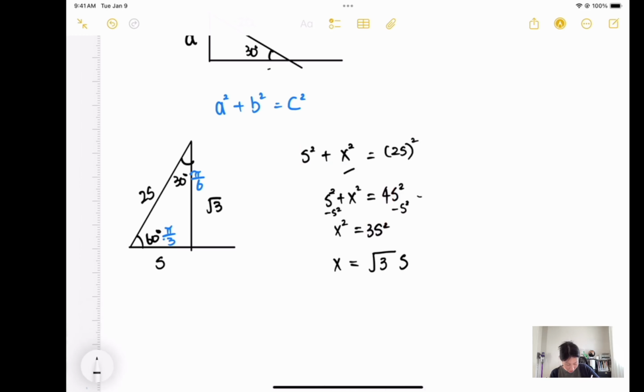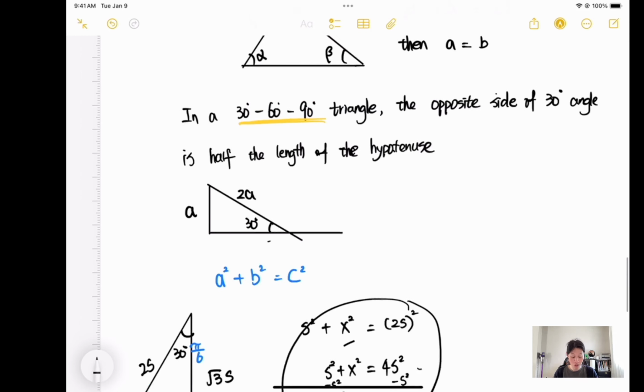So this is very important to know how to get this side, because later we need to memorize all of the sine 60 degree equals what, cosine 30 degree equals what. If you don't remember the side ratio is 1, square root of 3 and 2, then you can use the Pythagorean theorem to find out what the third side equals.